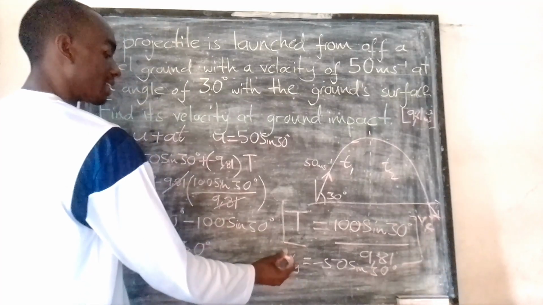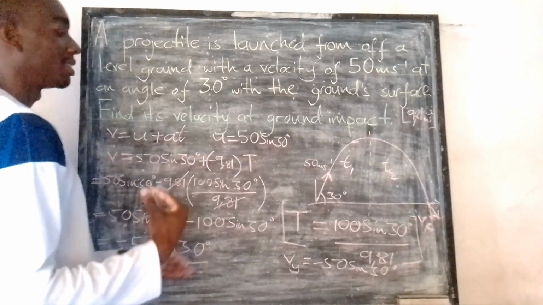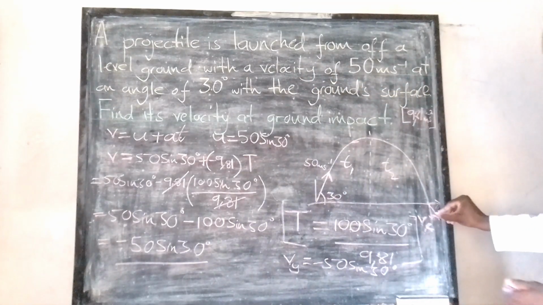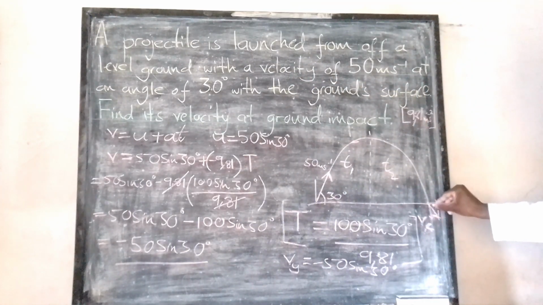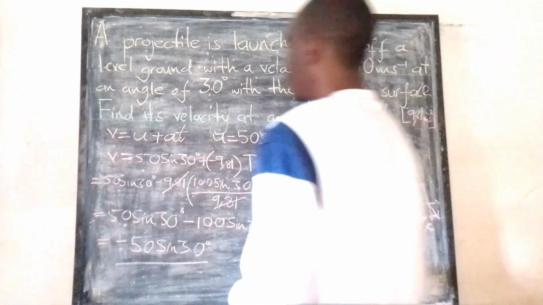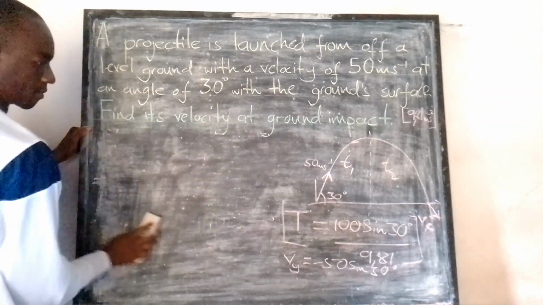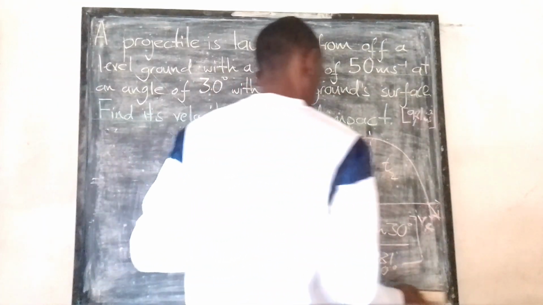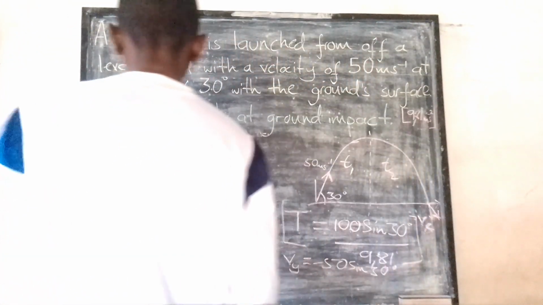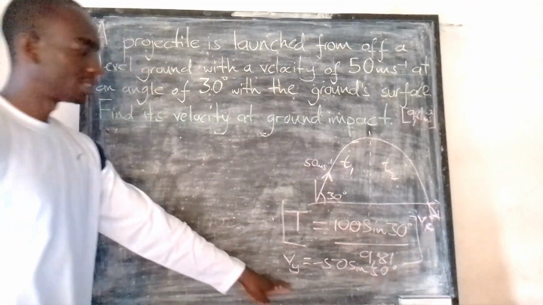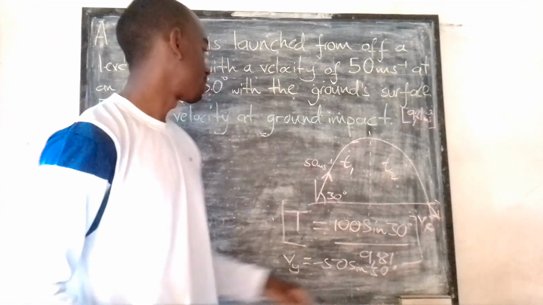I've labeled it as Vy so that we're reminded that this is the vertical component of the velocity. It's this component over here, the final vertical component of the velocity here. So I'm going to rub this again, including the equation now. So now we've got this, which is the final vertical component of the velocity.